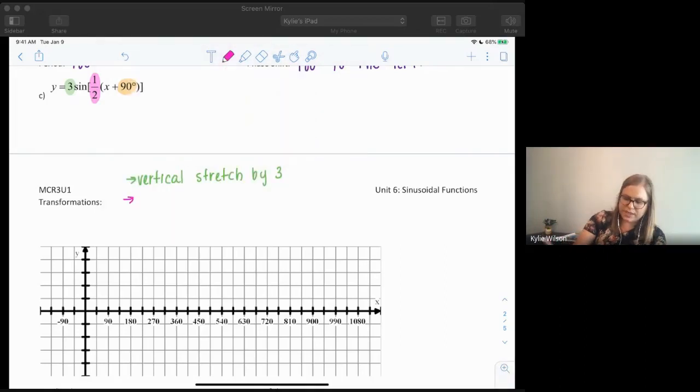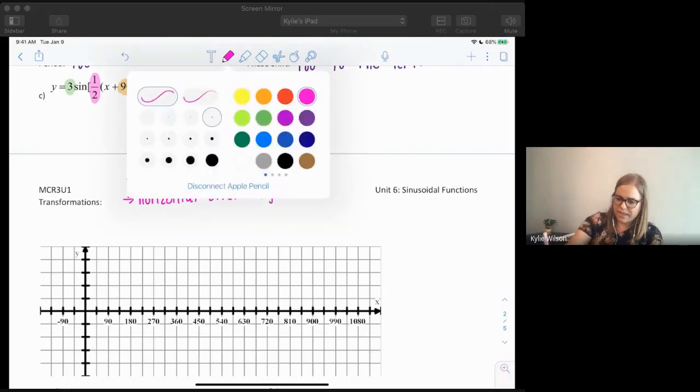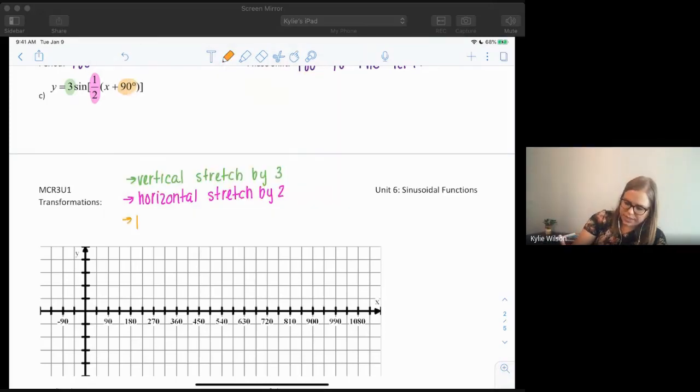Next, because we have a k value of 1/2, we have a horizontal stretch by 2. So no reflection in the y-axis either. And finally, we're going to have a phase shift 90 degrees left this time.